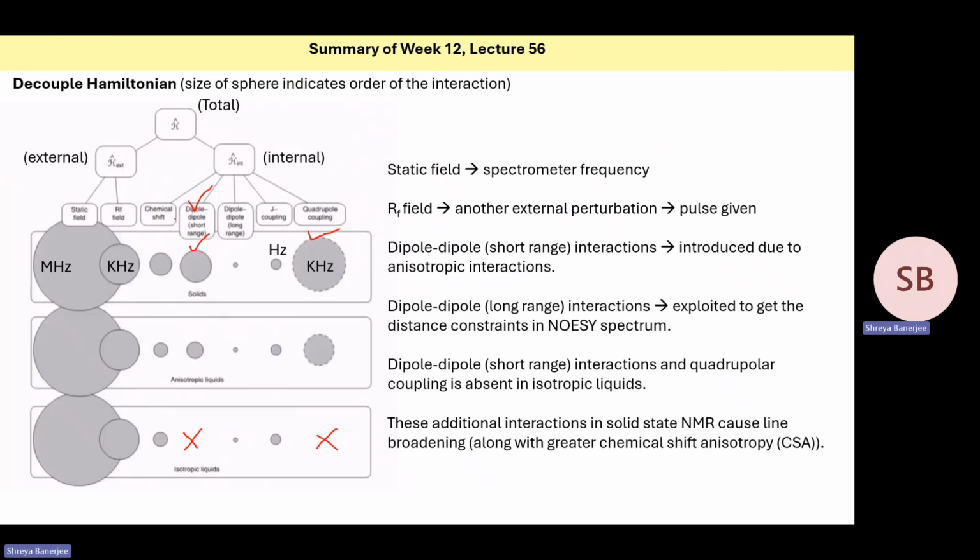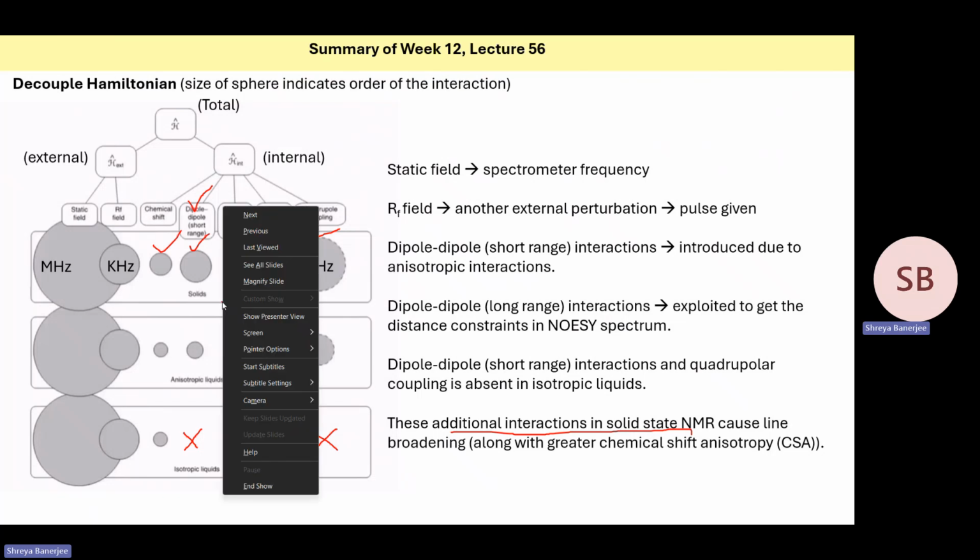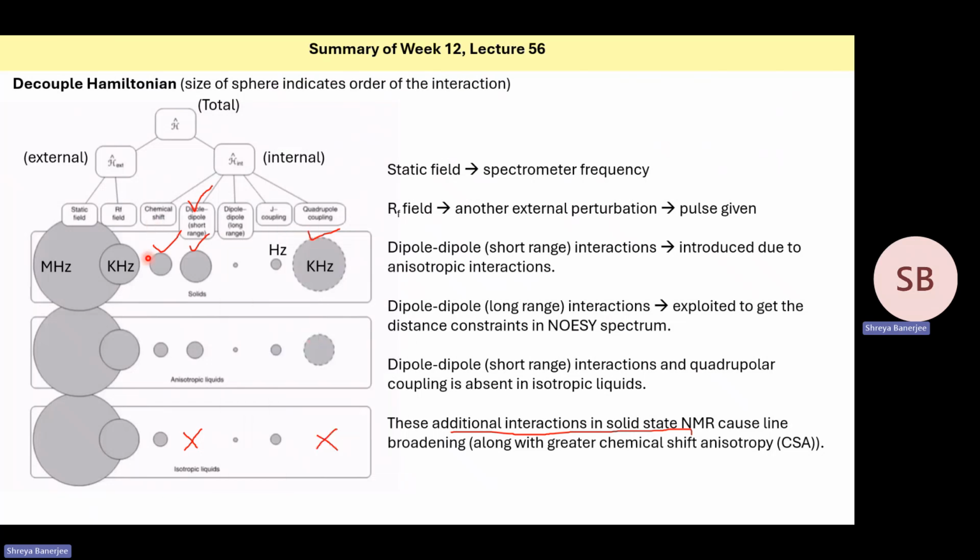And even the other, so there are certain additional interactions in solid state NMR, which are the dipole-dipole short range interaction, the quadrupolar coupling, and even the chemical shift. You can see it is greater in the solid state compared to the isotropic liquid. So you have more contributions to the energy.